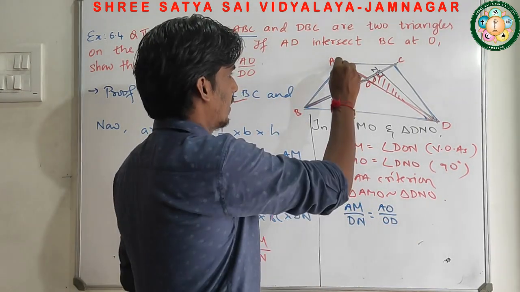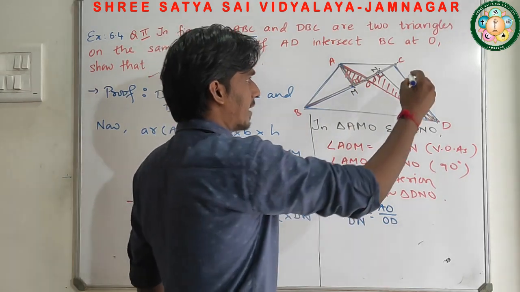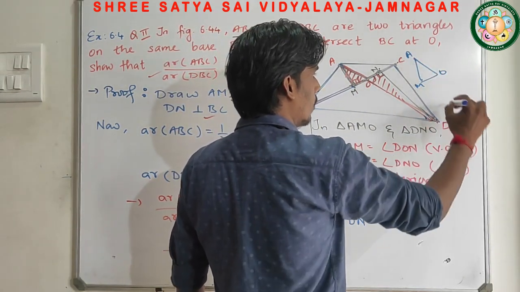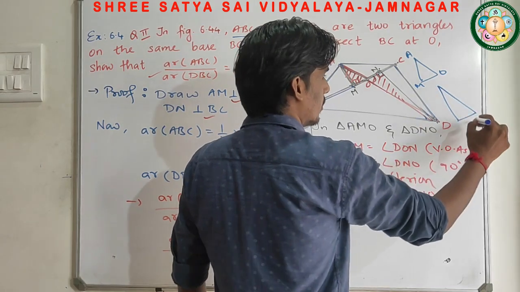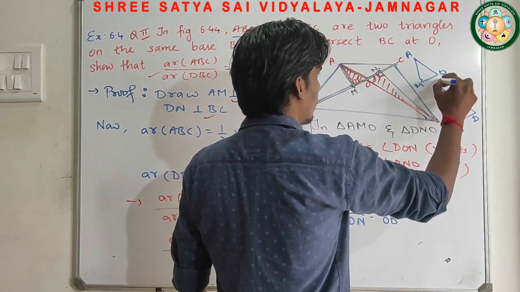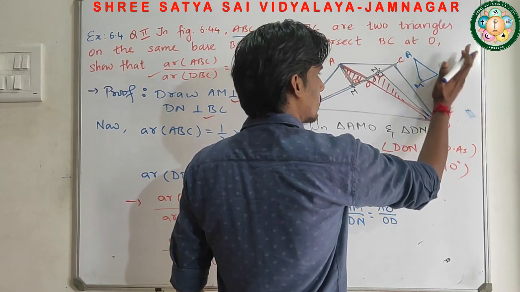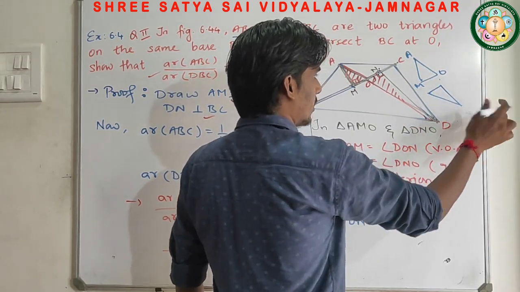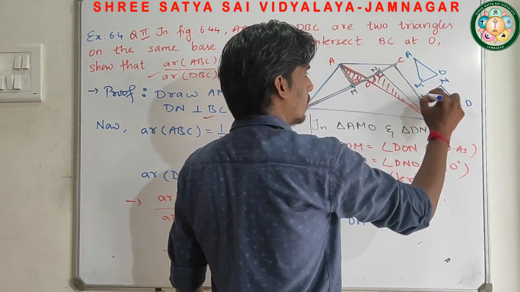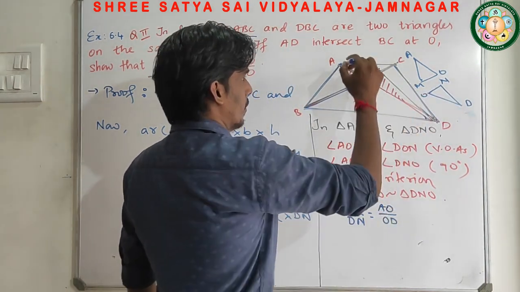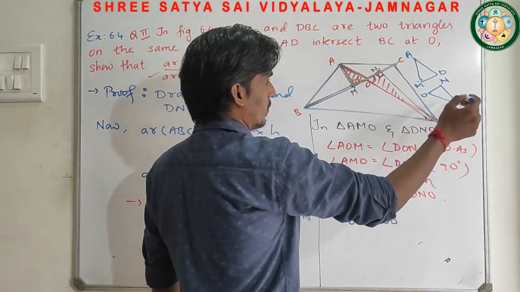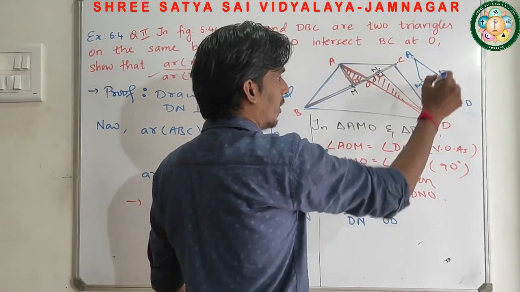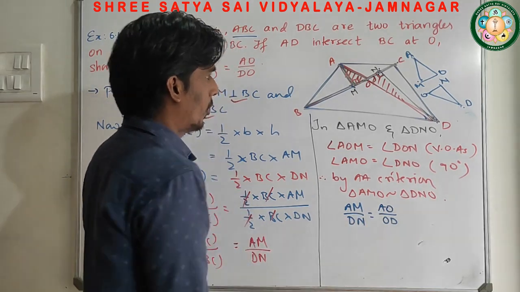Again I am repeating, this AM upon DN as another triangle. This is AMO. Another triangle is D and O. So we can take AM upon DN is equal to AO upon OD.